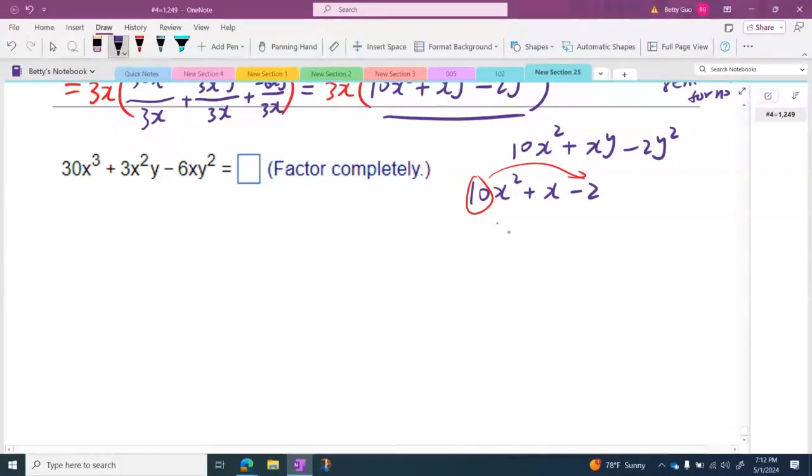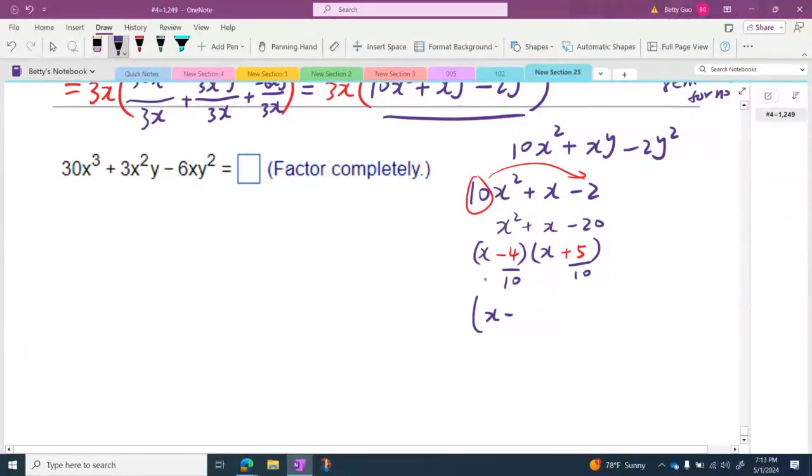Slide, shortcut. Negative 4 times 5, negative 20. Negative 4 plus 5, positive 1. And then divide by the original leading coefficient 10.